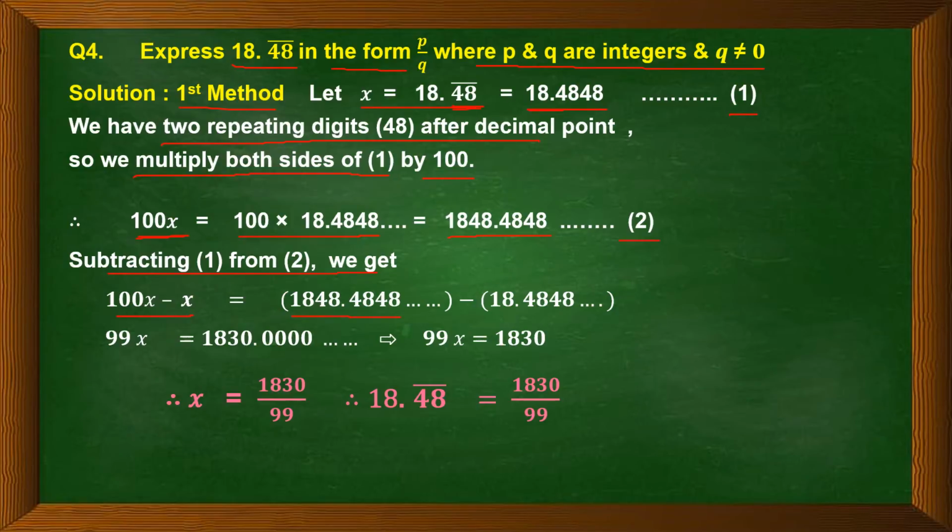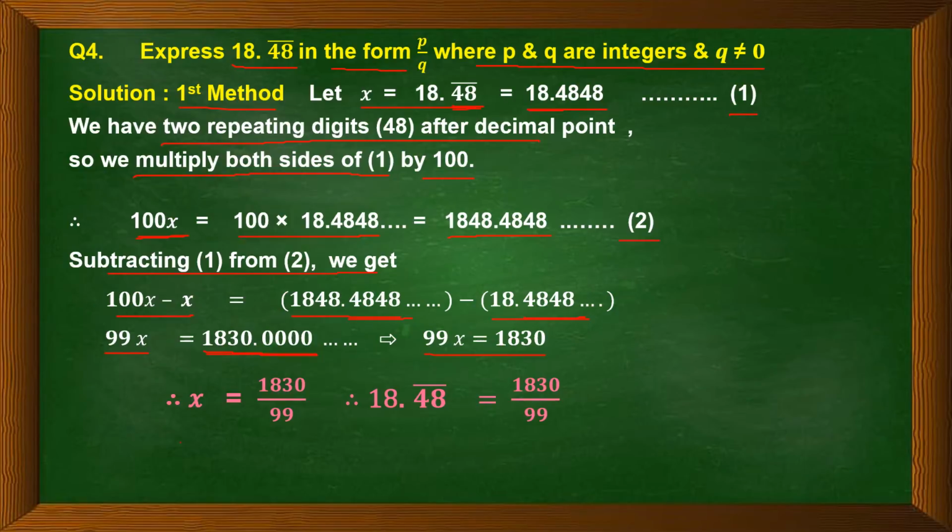1848.4848 minus 18.4848. Now 100x minus x is 99x, and 1848.4848 minus 18.4848 we shall get 1830.000. Basically all the decimal digits will get cancelled and we shall get 00 after the decimal point, which is nothing but 1830. So we can say 99x is equal to 1830.